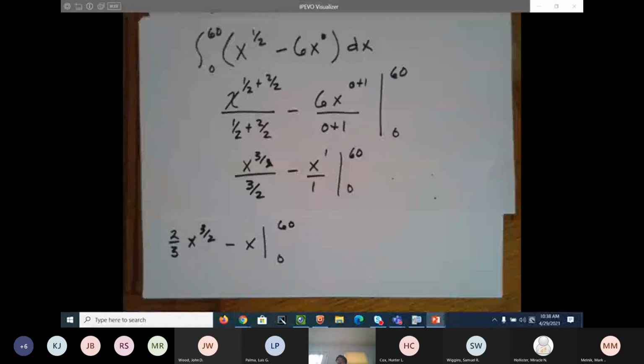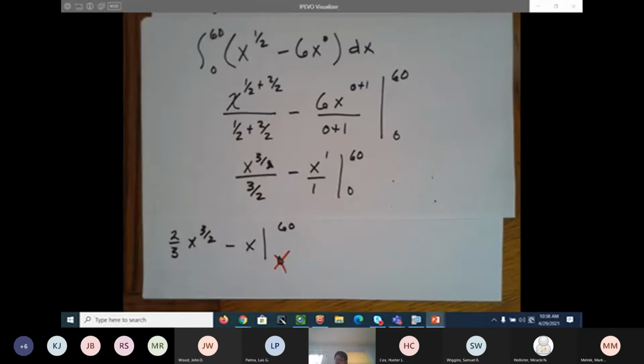Thank you, Ms. Holcomb. 0 is going to cancel out, so I don't even have to plug in 0, because 0 minus 0 times anything is 0. So all I'm going to do is type in 60.